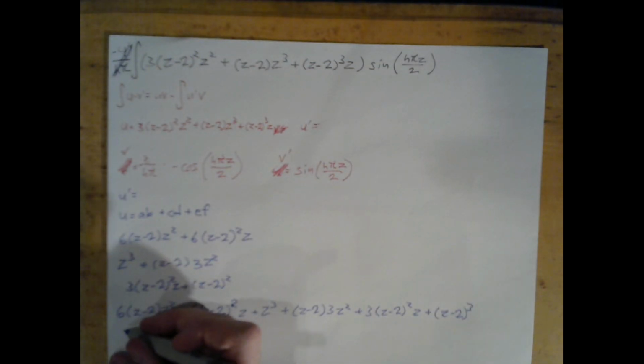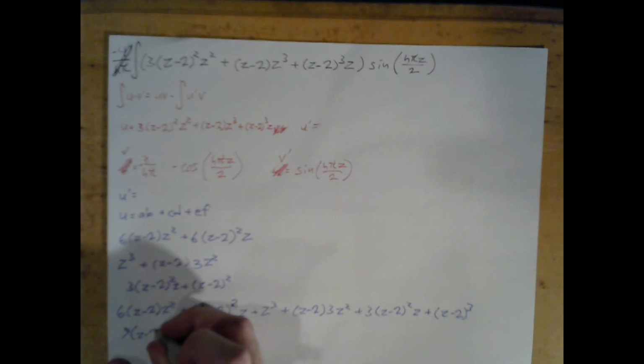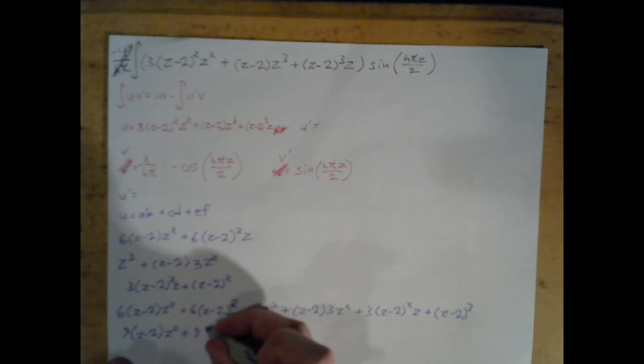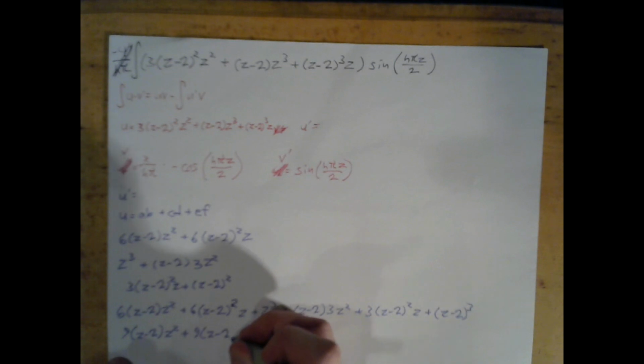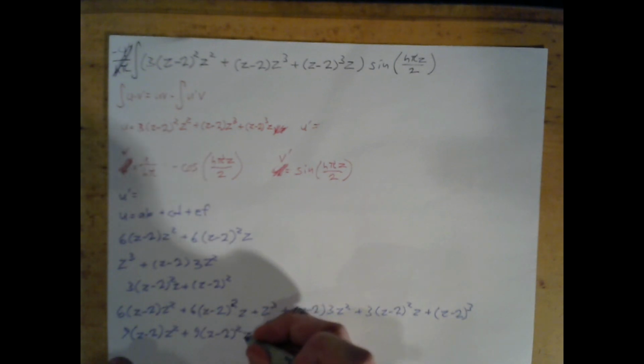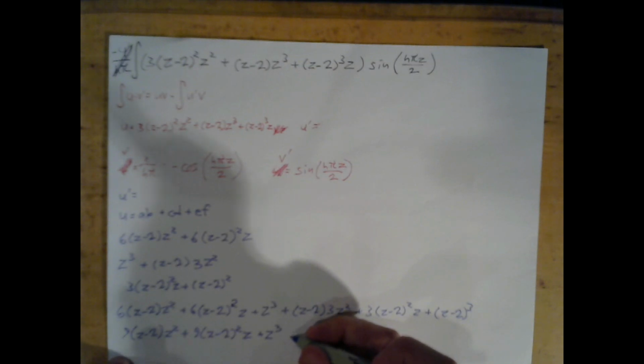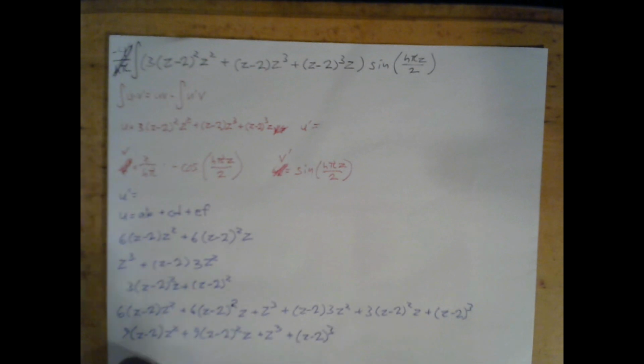Long integral. So we're going to simplify that. It can be simplified. So we're going to end up getting 9 (z minus 2) z squared plus 9 (z minus 2) squared z plus z cubed plus (z minus 2) cubed.